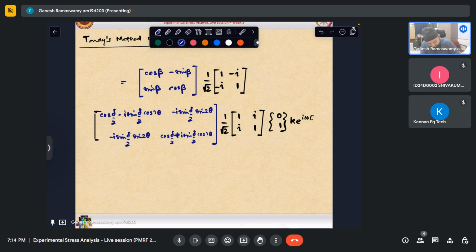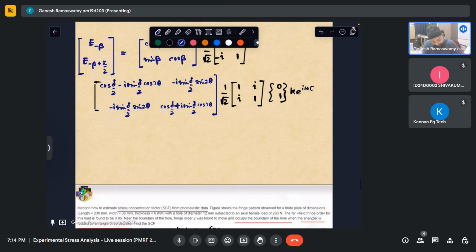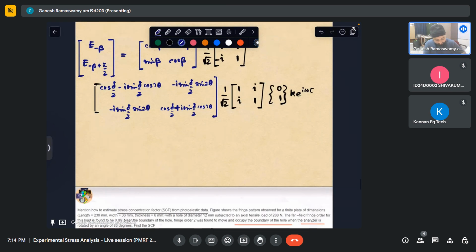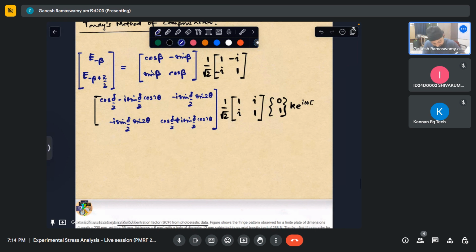And this is my E of minus beta, E of minus beta plus pi by 2. This is essentially the expression for my light that is coming. So again, let me group the 2's and multiply this out. So actually no harm in multiplying it out, okay, let us do that.